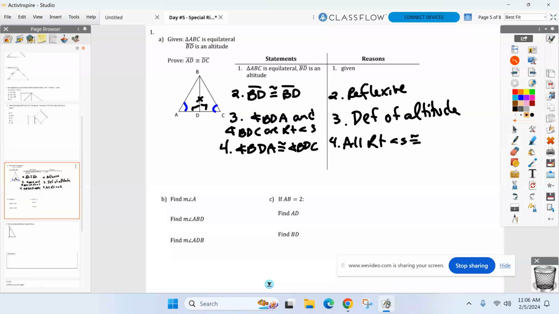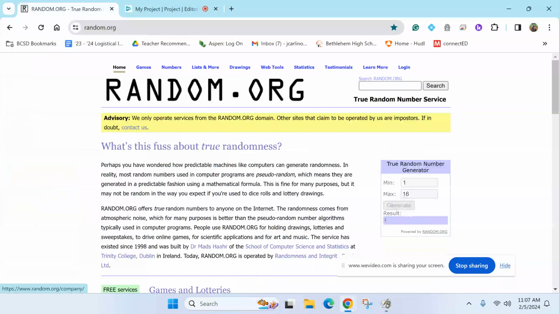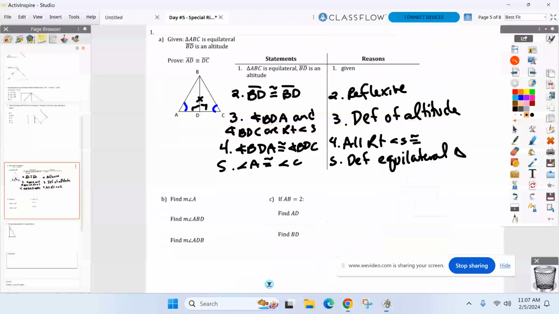Yep. Definition of equilateral triangle: not only are the sides congruent, but so are the angles. And now I should have enough information to say the triangles are congruent. What method, though, now? It's not HL anymore. Gianna, what method do you see up there?